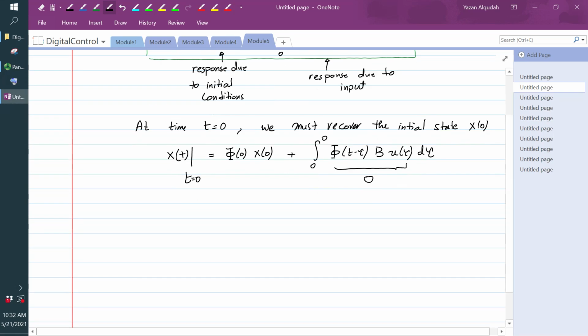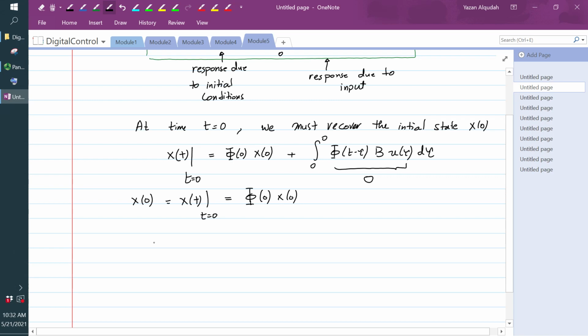But looking at the first term, x of t when t is equal to 0 is equal to phi of 0 multiplied by x of 0. But on the left side, x when t is equal to 0 is nothing other than x of 0. How could this be true? The only way this can be true is if phi of 0 is equal to the identity.